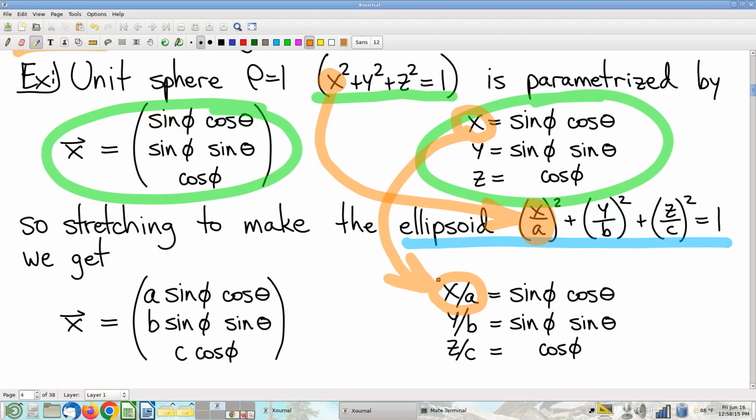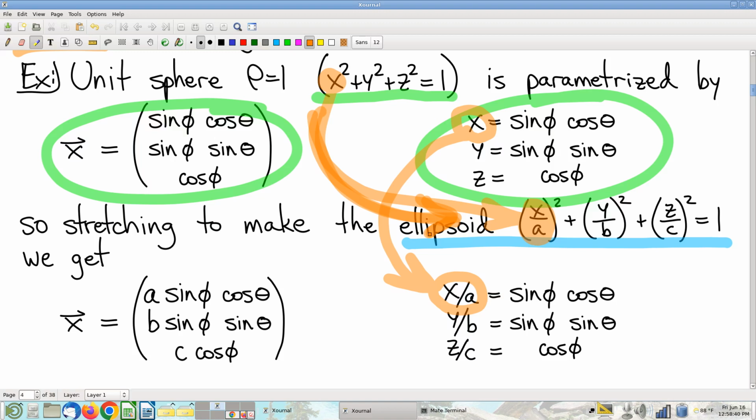Here's another way to think about it. This process of replacing x with x over a, we know that stretches by a factor of a in the x direction. We know, in other words, that all of the x coordinates are going to get magnified. All of the x coordinates are going to be a times as big. In order to account for that, the dividing by a in the equation.